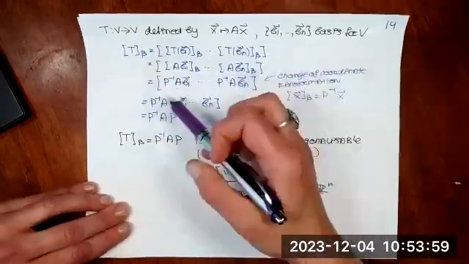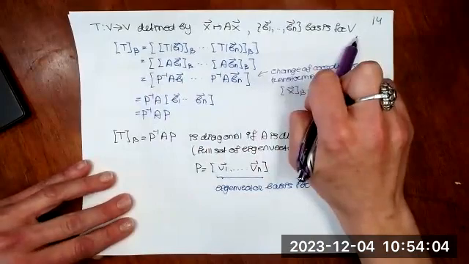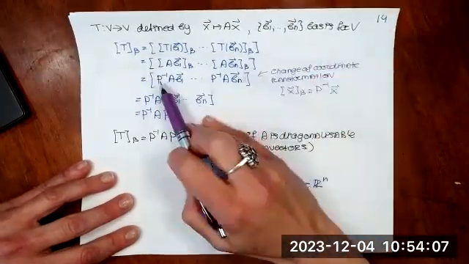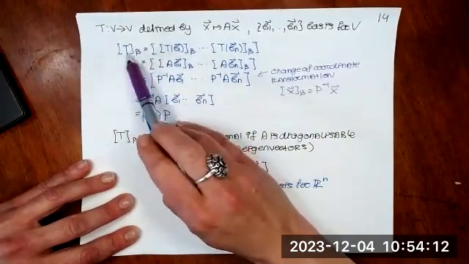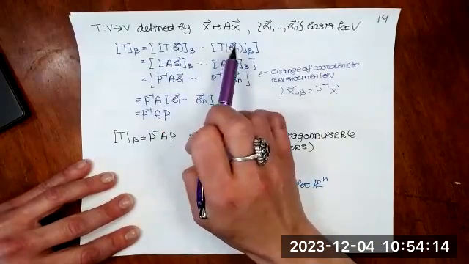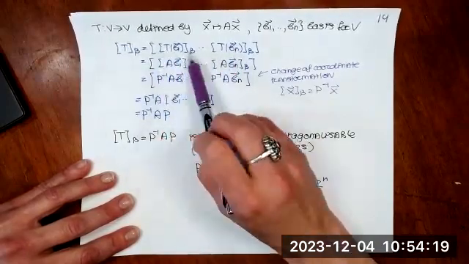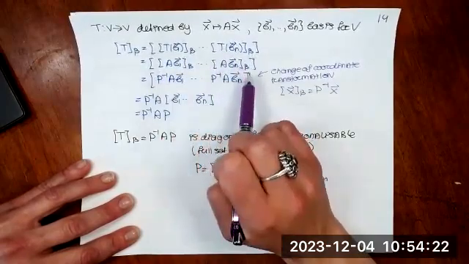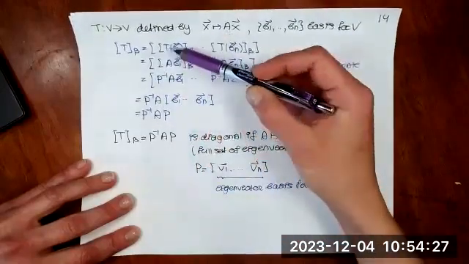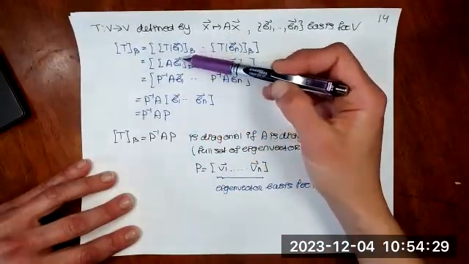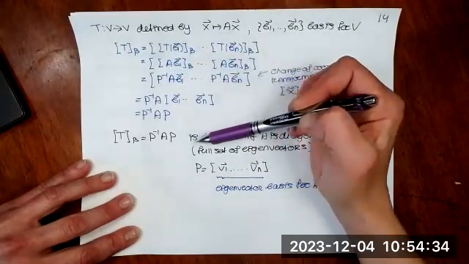But given any basis for V, it doesn't have to be an eigenvector basis, we know from the formula for the beta representation of T that the columns are the beta coordinate vectors of T(b1), all the way to T(bn). If T can be represented by a matrix, I can use T(bk) equals A bk. The action of T is the same as multiplication by a matrix.